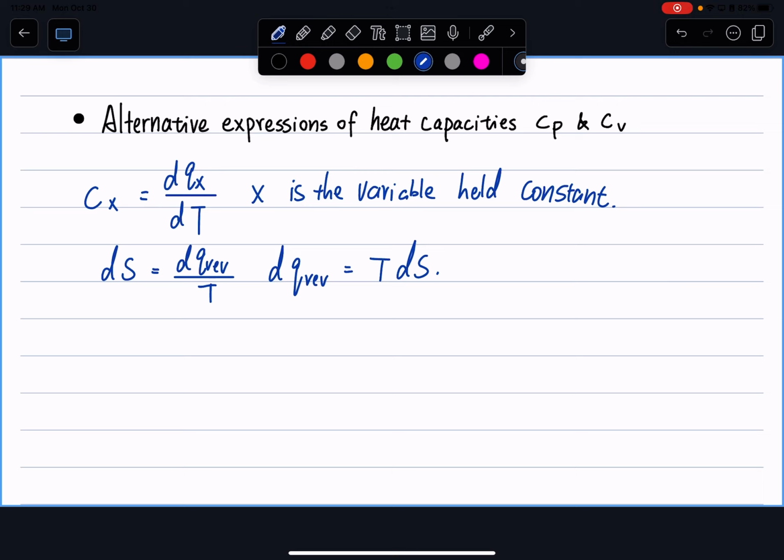So if we're only considering a reversible process, we can rewrite Cx, at constant x, as T dS_x over dT. That x subscript just tells you that's the change of entropy at constant x.